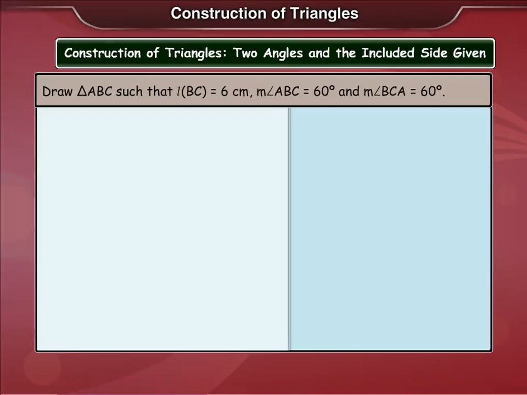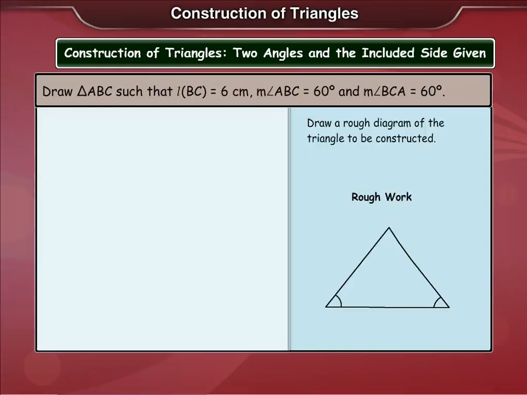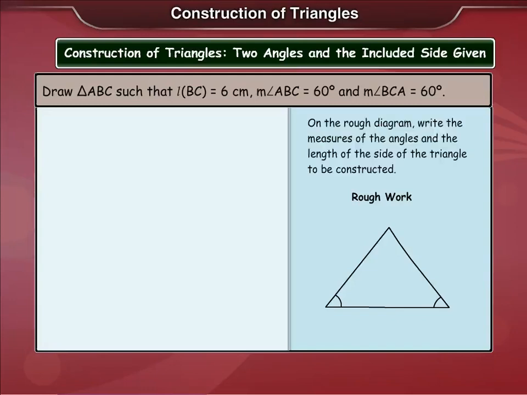Now, place a protractor at point C on segment BC to measure an angle of 60 degrees. Mark point Y at 60 degrees. Join point C and point Y to get ray CY.